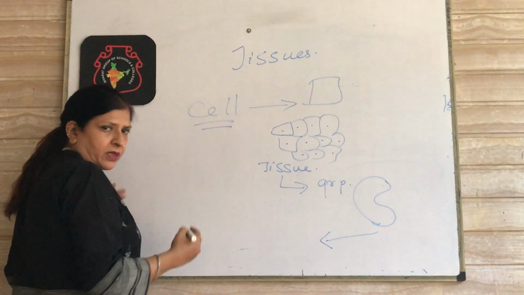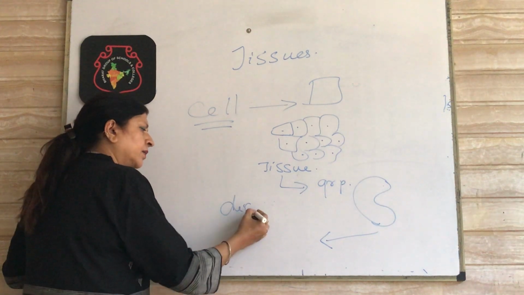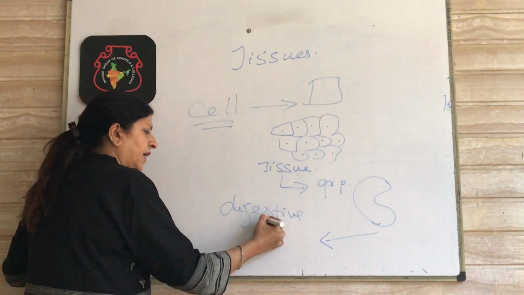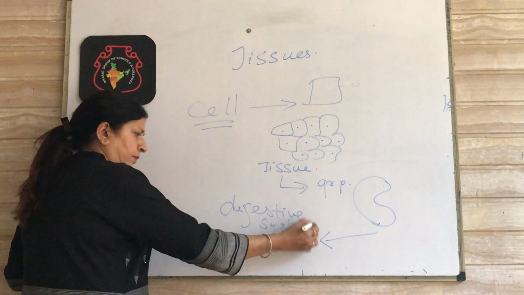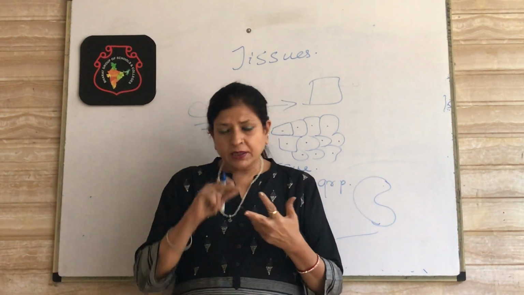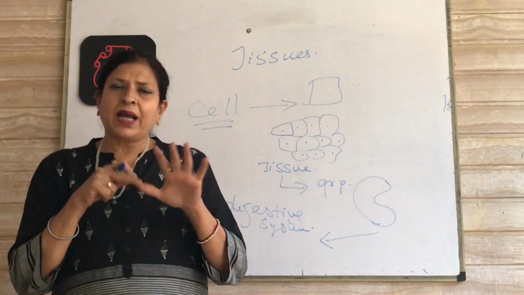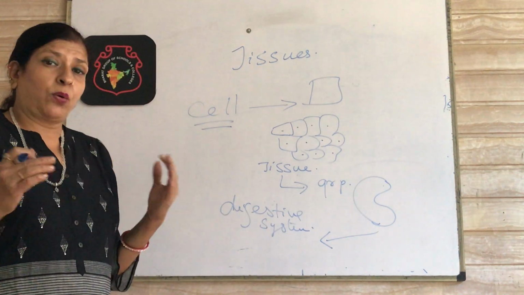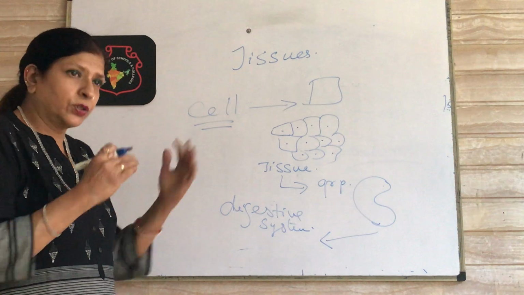Group of organs, they make a system. For example, digestive system is group of organs like pancreas, liver, stomach, small intestine, large intestine, rectum, colon. They all together make a system, which is your digestive system.